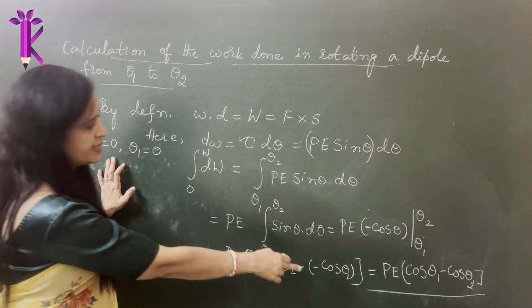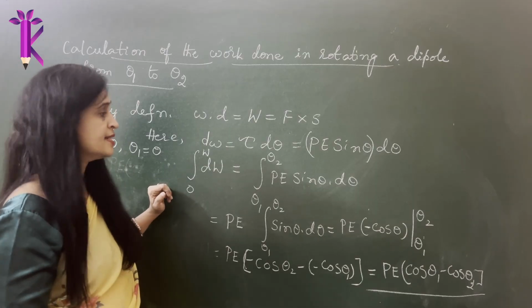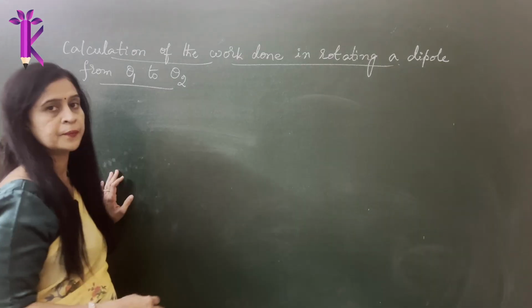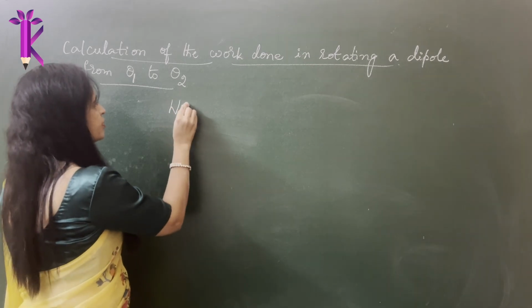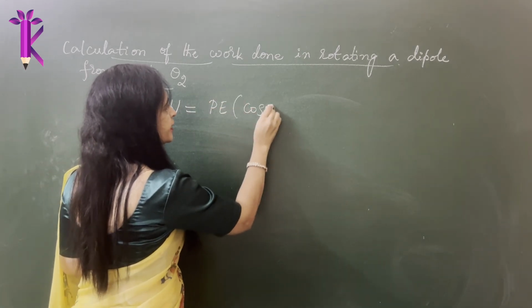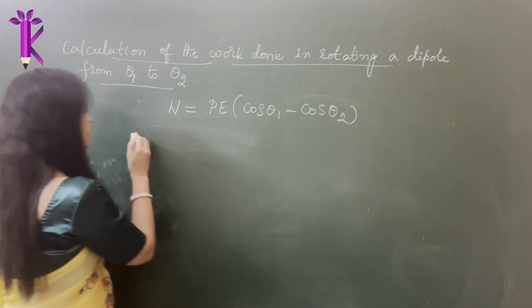I'll erase this part, retain this formula and do it for various values. That will be more clear instead of crowding everything in one place. So what was the expression for the work done? It was PE into cos theta 1 minus cos theta 2. So let's apply various values.